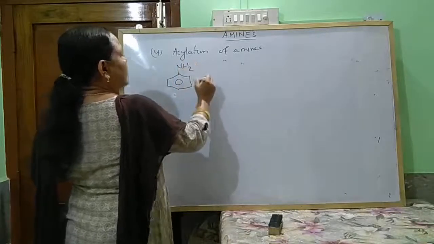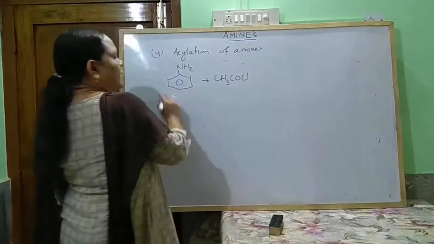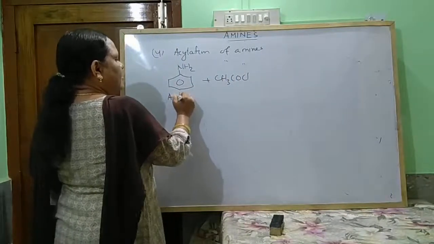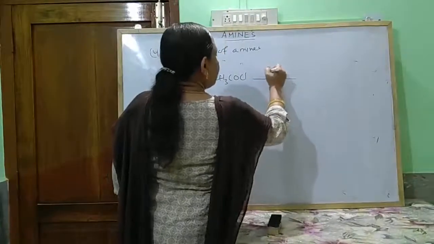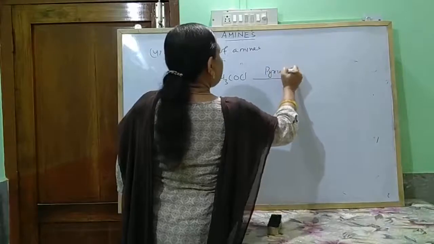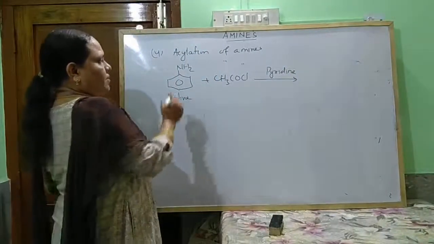But here, if you take acetyl chloride, aniline reacts with acetyl chloride in presence of pyridine. A strong base is required, either pyridine or sodium hydroxide.